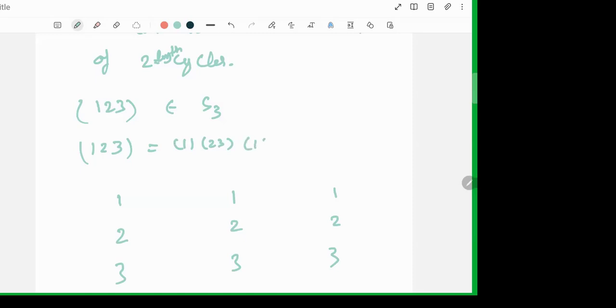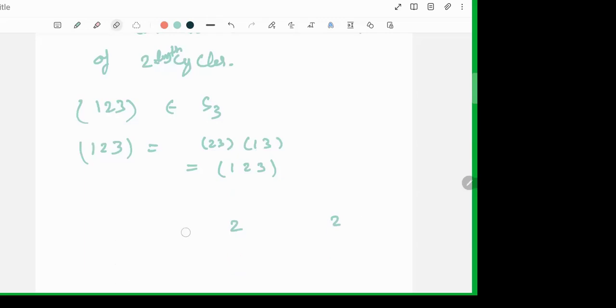What is this? 1 goes to 3, 3 goes to 2. So 1 goes to 2, 2 goes to 3, and 3 goes to 1. So that's correct. So this is a correct product.